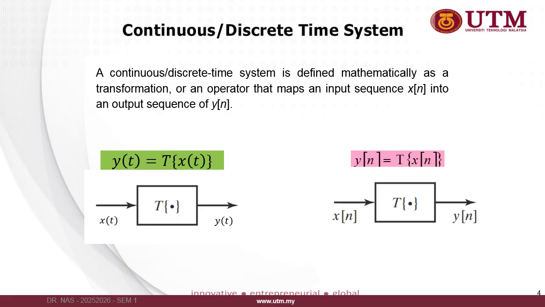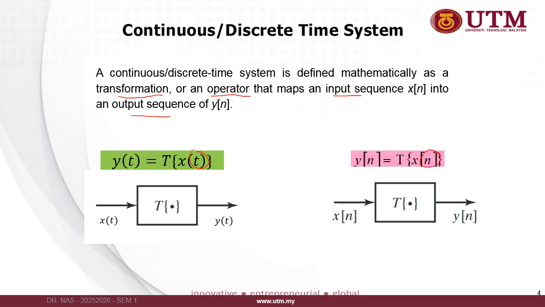Okay, a system can be defined mathematically as a transformation or a process, also known as an operator, that maps an input sequence into an output sequence. So it applies both in the continuous time domain and also the discrete time system.